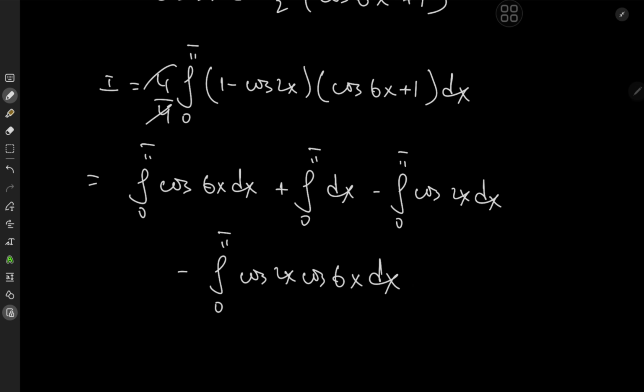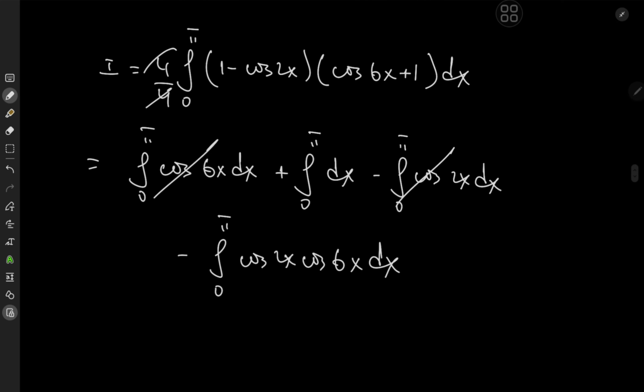And these integrals are quite nice to deal with. The antiderivative of cosine is sine, and we'll have sine of an even number times x. With these limits being 0 and pi, sine of 0 is 0, and sine of any integer multiple of pi is going to be 0. So these two cancel out quite nicely.